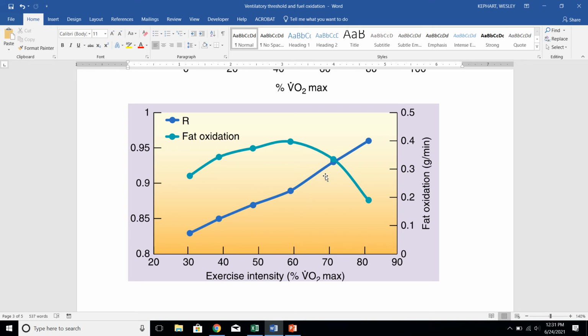Something that you have to keep in mind, and you're going to have to figure this out for yourself, is that as we're burning more calories per minute whenever we exercise at harder intensities, we can actually be burning a lower percentage of fat, but a higher absolute value of fat.